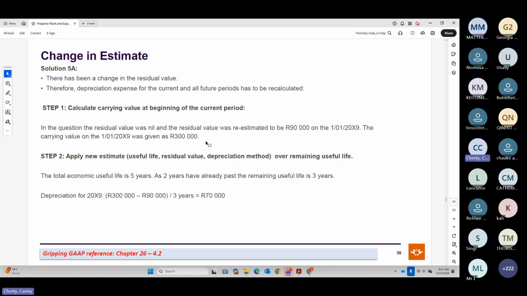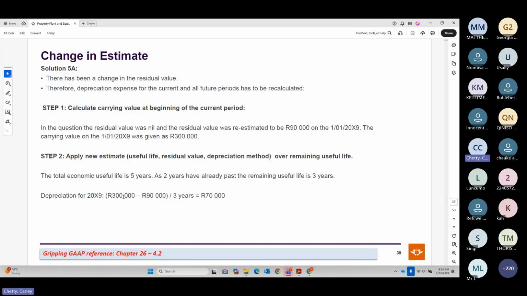So we are now going to work out the depreciation for 20x9 using the carrying amount and the new residual value, and the residual value was the change in estimate. And we are depreciating this using the remaining useful life of 3 years.